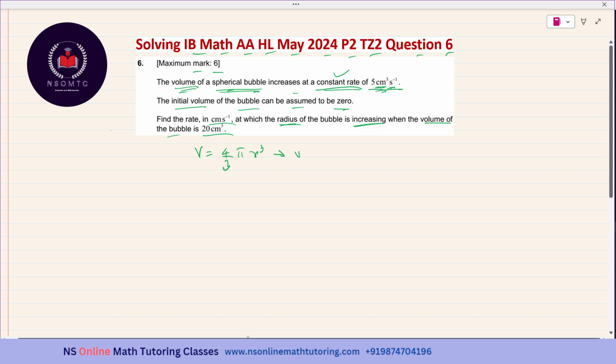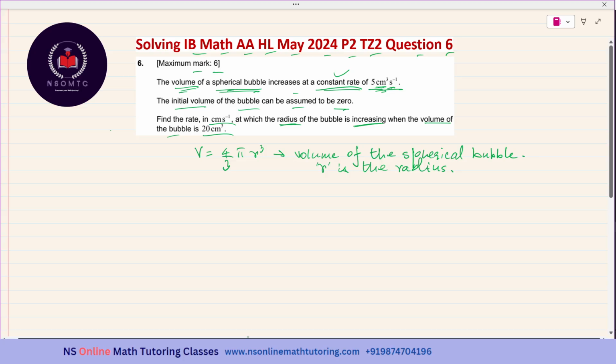V is the volume of the spherical bubble. And r is the radius of the bubble, obviously.